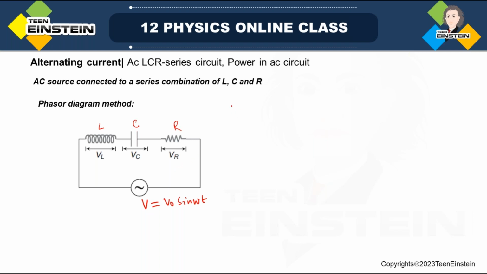That means what is the magnitude of the current in the circuit?